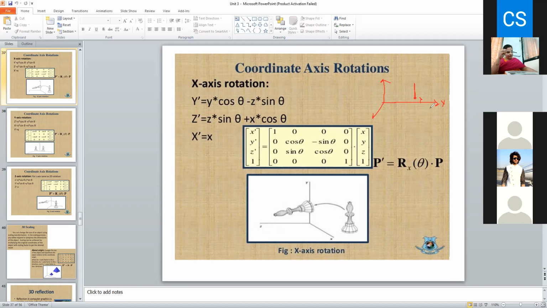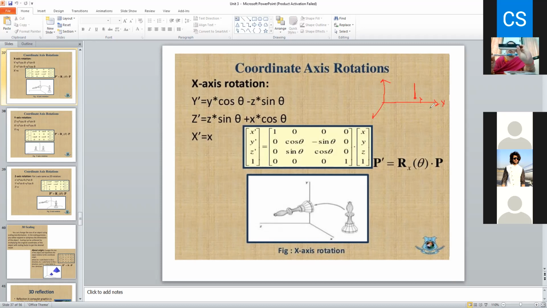So all of you are able to view this pen and duster. Yes, ma'am. Okay. So the pen is acting as your x-axis, and now the duster is rotating around x. When it is rotating around x, the white surface will have a fixed distance from x, and it is maintained throughout.